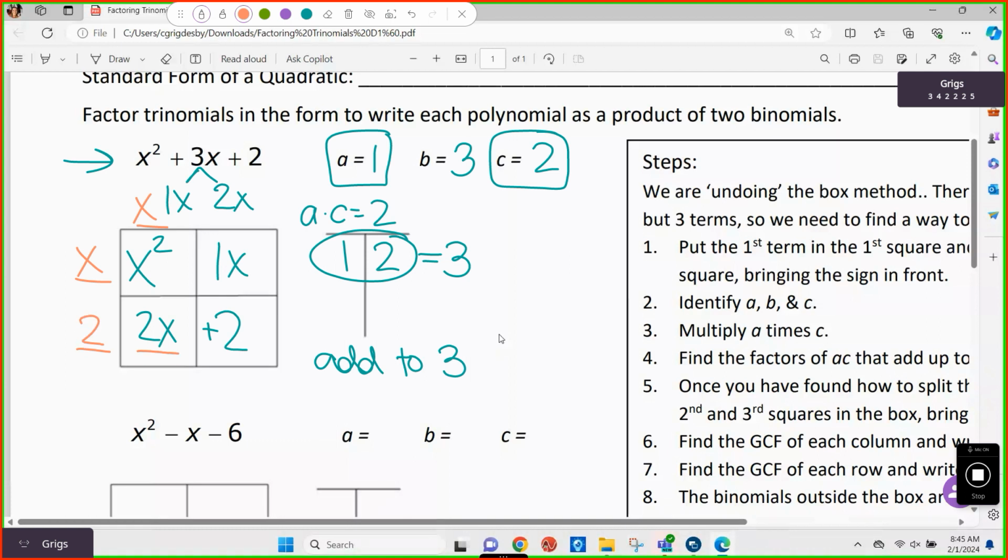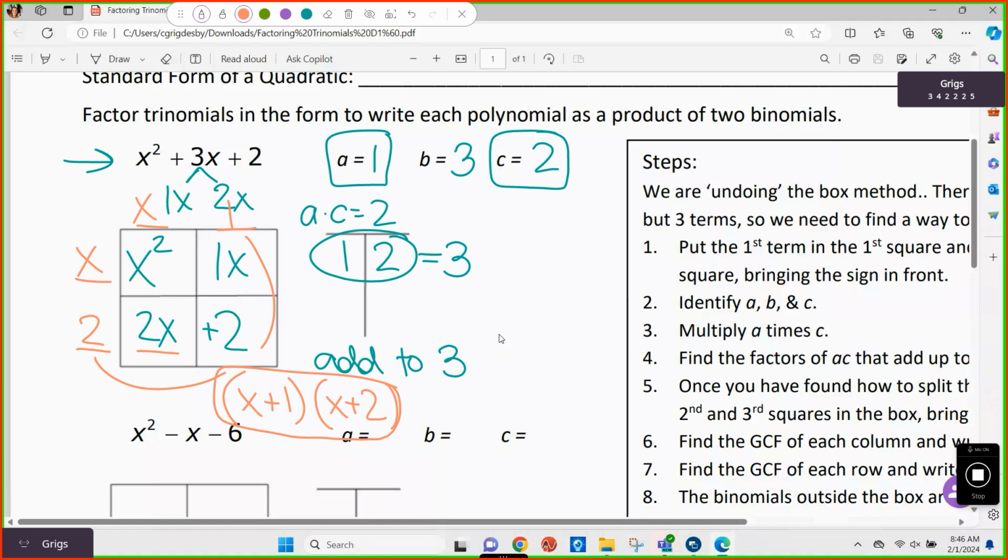Okay. x times what gives me 1x? 1. And now let's check it. 2 times 1, does that equal 2? Yes. All right, we're good. So my factors here, x plus 1 and x plus 2. So this would be the answer to my problem.